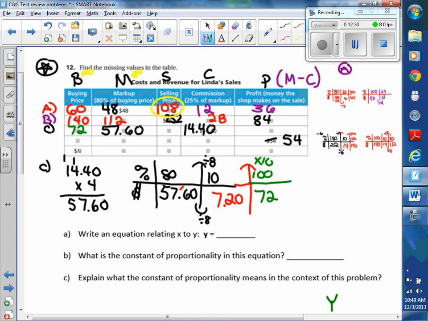Now we can do buying price plus markup. 72 plus $57.60. And check my addition there. I'm getting 129.60. Is that what you guys got this morning? Anybody get that? Okay. And then the profit, again, is just markup, take away commission.